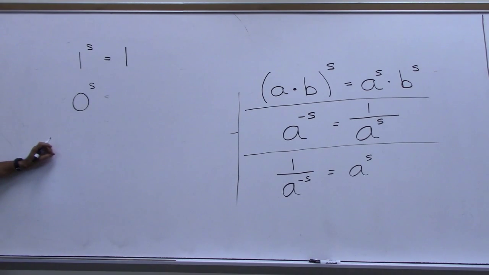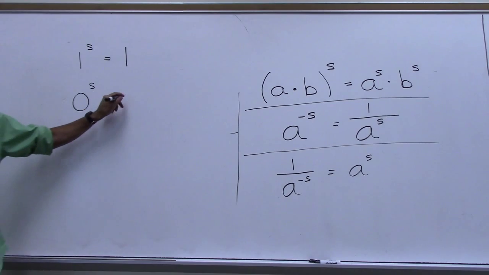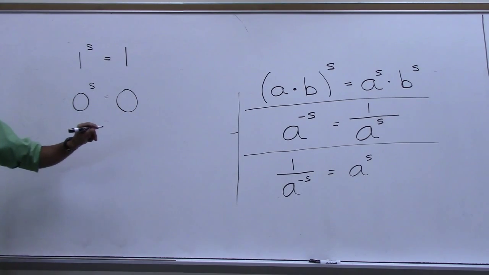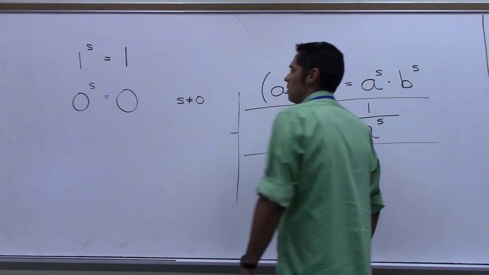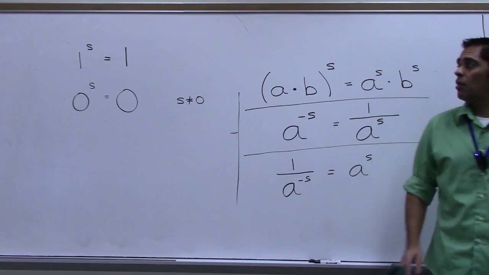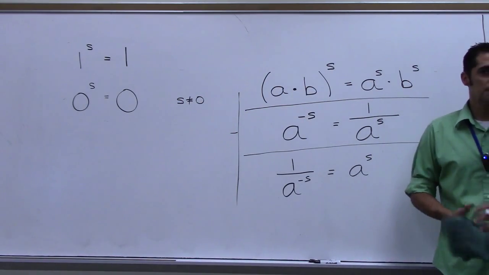No, it does exist. 0 raised to any power would be 0 times itself times itself. So this should be 0, but with one exception. Hold on. As long as the s is not 0. 0 to the 0 causes a pretty big problem.